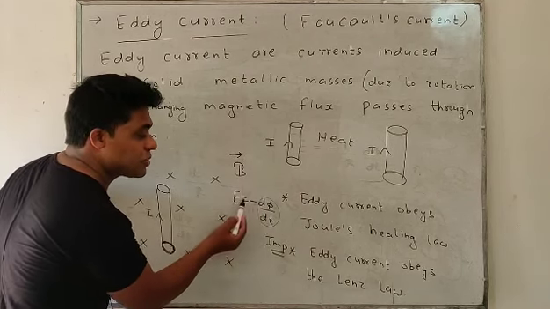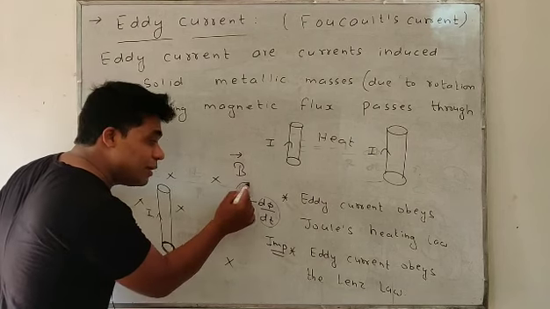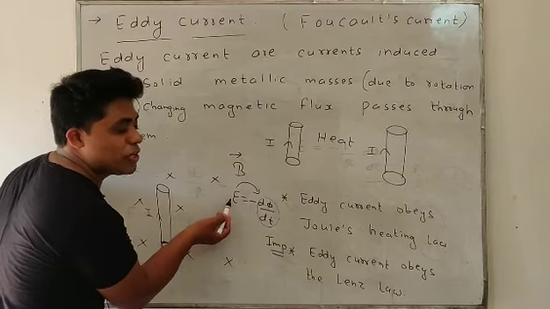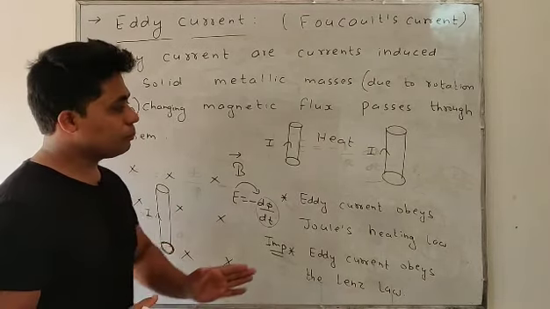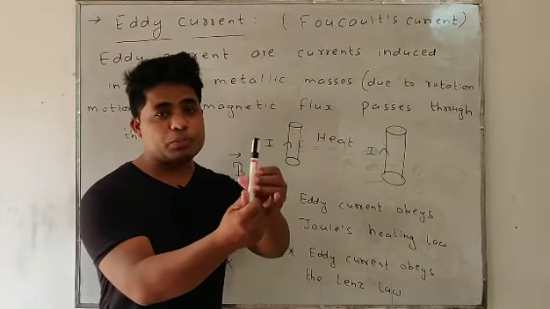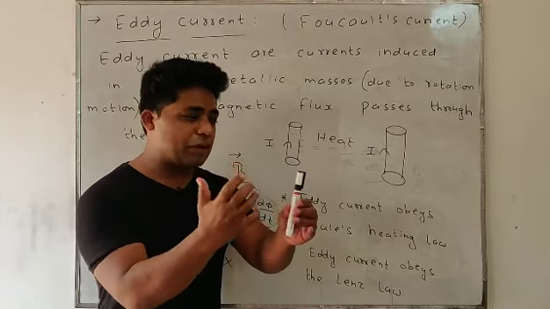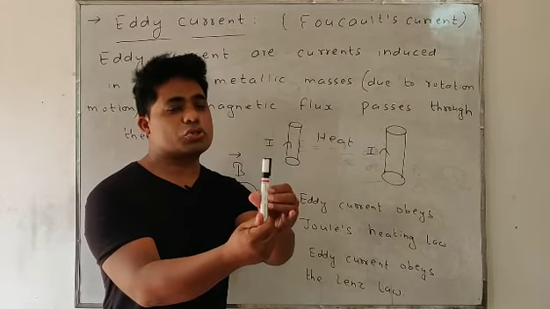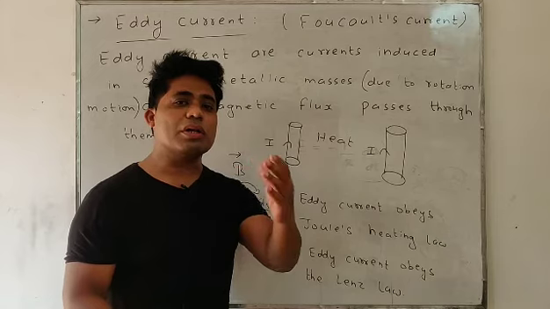Due to change in flux, EMF is induced, and that EMF opposes the change in flux which is responsible for its production. Same here: the main reason for the production of eddy current is the rotational motion of the metallic object in the magnetic field. As soon as the eddy current is set up, the rotation will stop. In this way, it follows Lenz's law.